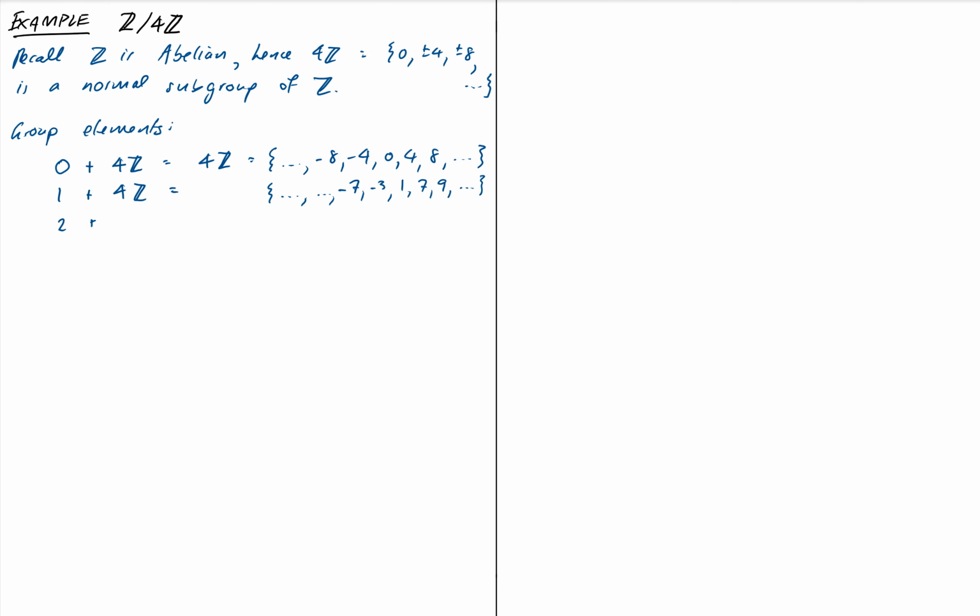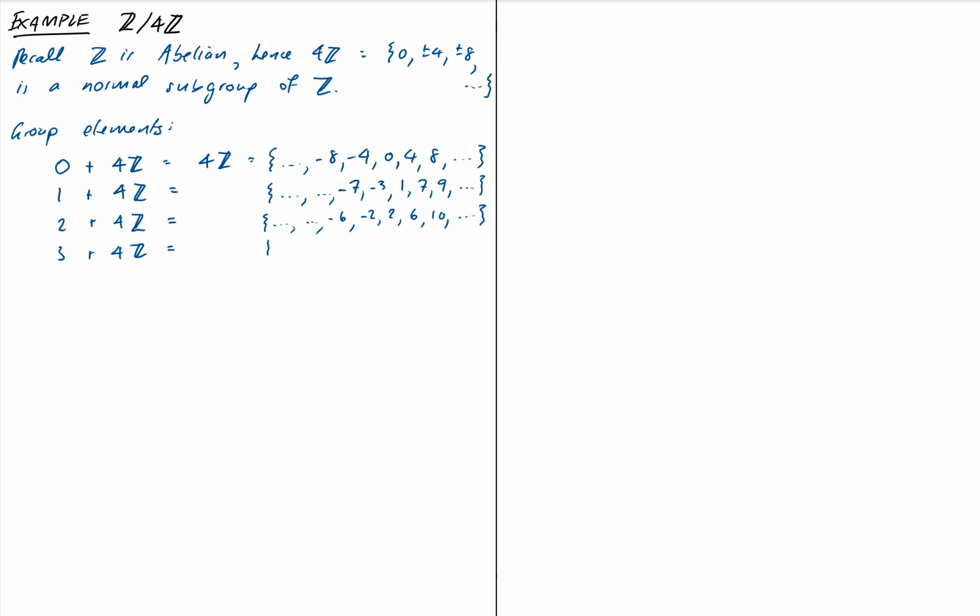Another coset will be 2 plus 4Z: -6, -2, 2, 6, 10, etc. You can see how this works. We're taking cosets of an infinite group, but you notice that these are the various cosets. 3 plus 4Z.